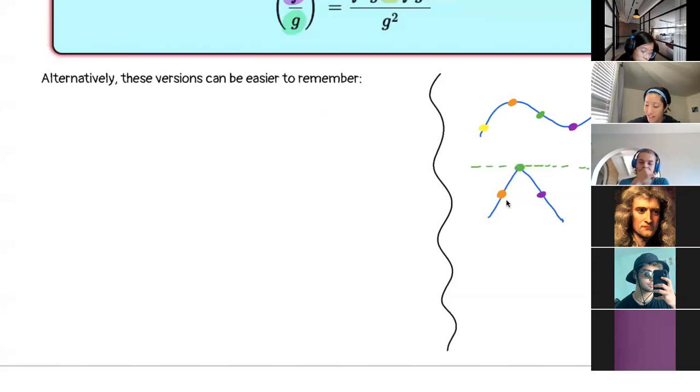But I could also do this, or I could do this, or this, or this. I have so many slopes, because at that point it doesn't just change gradually. It changes immediately from positive to negative.